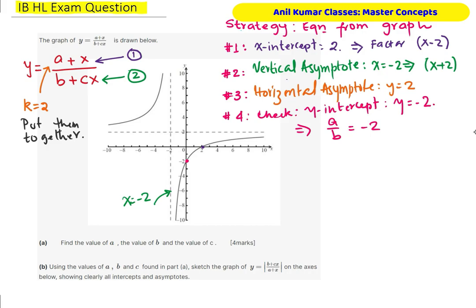See how. We now got y equals the factor of the horizontal asymptote, 2, then in the numerator we have x minus 2, and in the denominator we have x plus 2. Since we want a plus x, we do not want a coefficient, so what will happen to this 2?